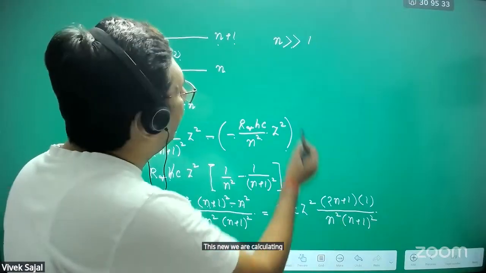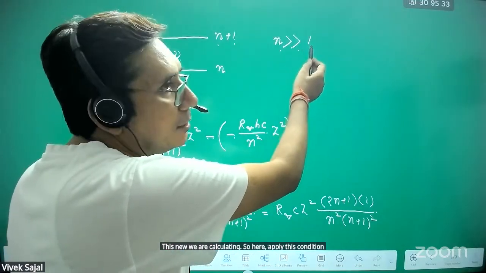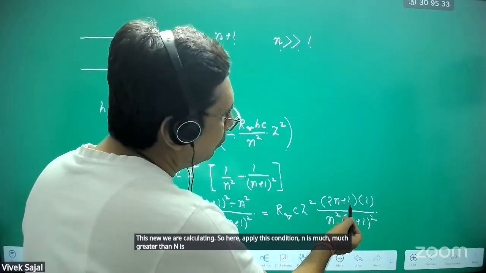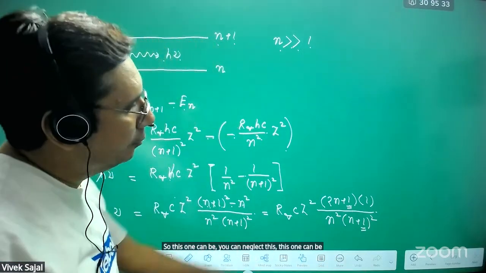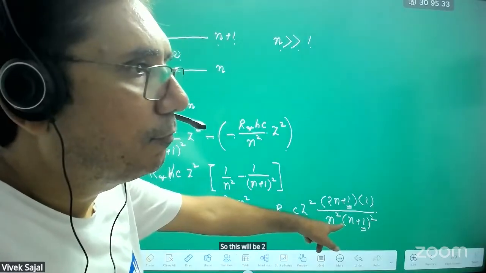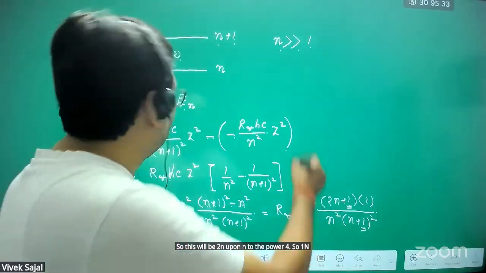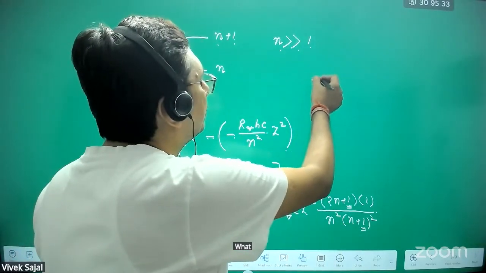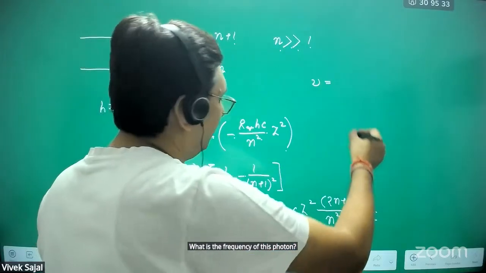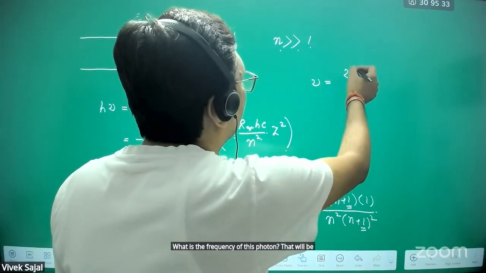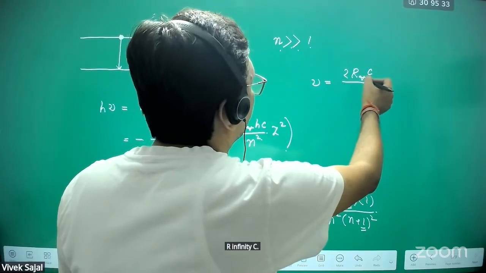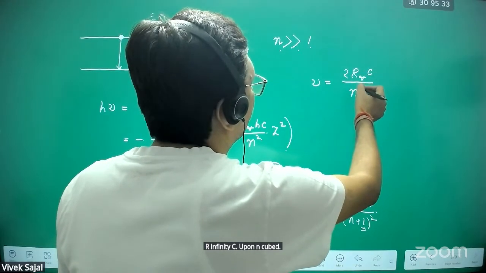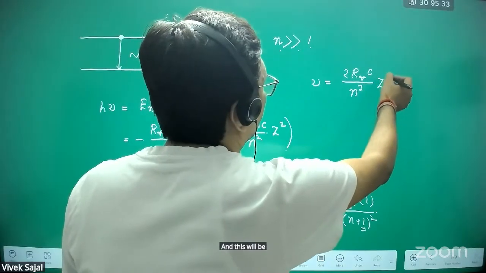So here, apply this condition, n is much, much greater than 1, so this one can be neglected here. So this will be 2n upon n to the power 4. So 1 n will cancel out. What is the frequency of this photon? That will be 2 times R infinity C upon n cube, and this will be Z square.